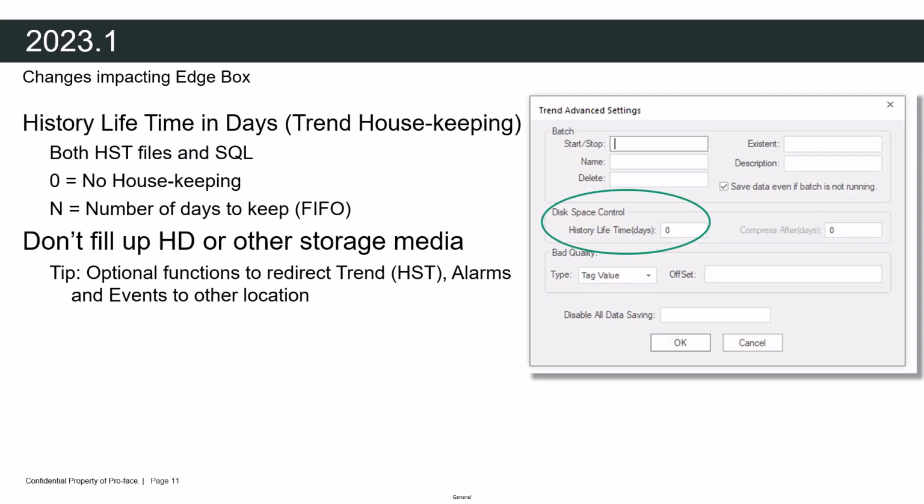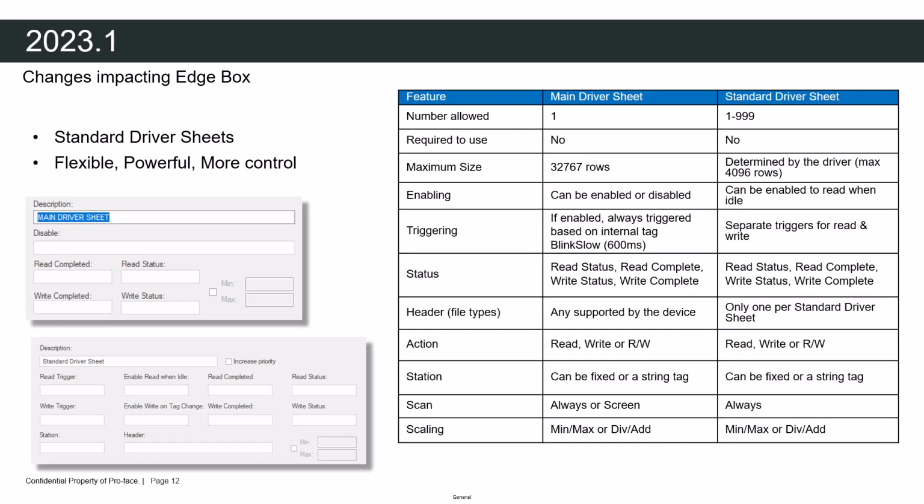Here I'll go through this briefly because we've discussed this before. There was no history control in the EdgeBox before, and now we have history control, so we don't overwrite our memory. Next, standard driver sheets.